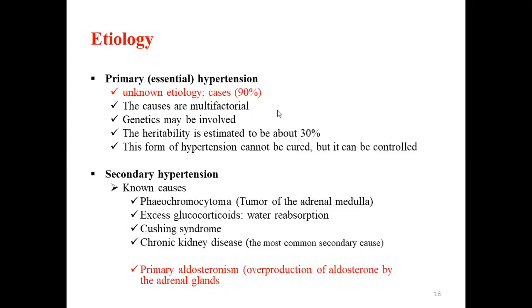Catecholamines. Mostly norepinephrine level will be significantly elevated. So what will happen when catecholamines are excessively produced in the body system? There is activation of what? Sympathetic nervous system that can actually cause what?